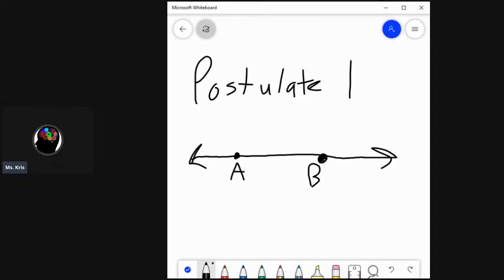So if these points are on the same line, the way you can tell is when you draw your line extended out. So from point A to point B, that is considered a line. Also, if you do point A here and point B here, it still means they have exactly one line.